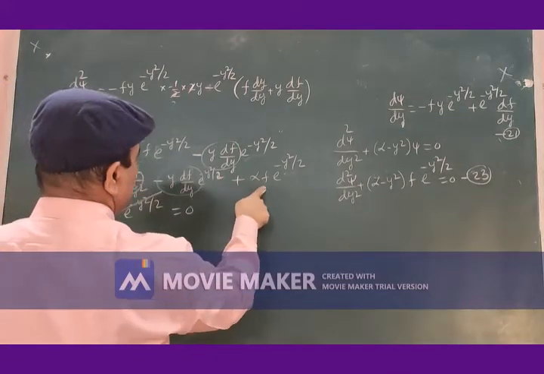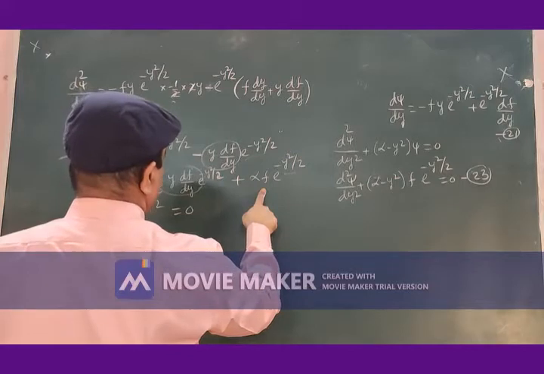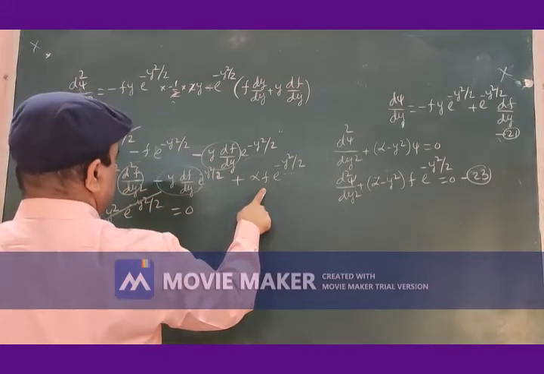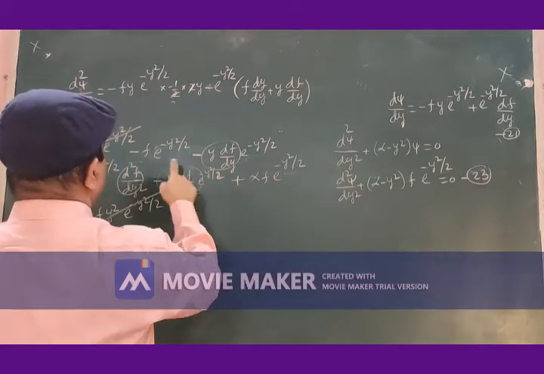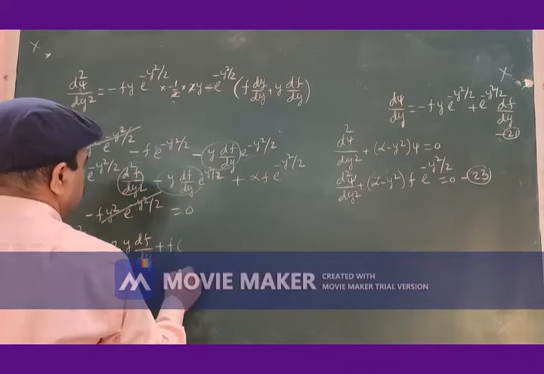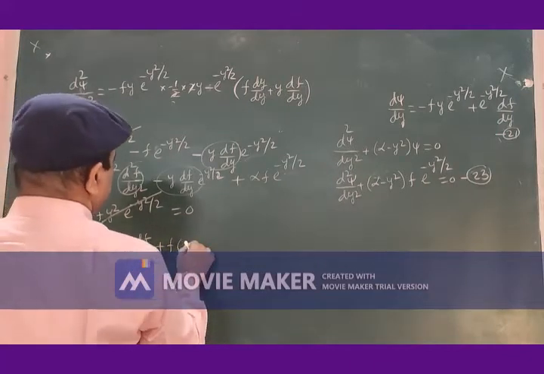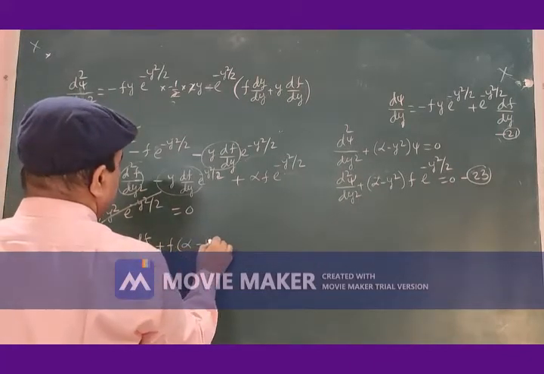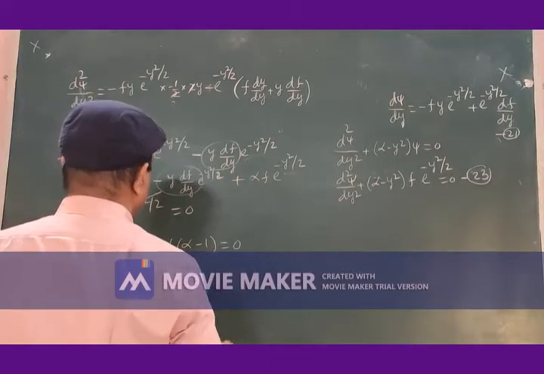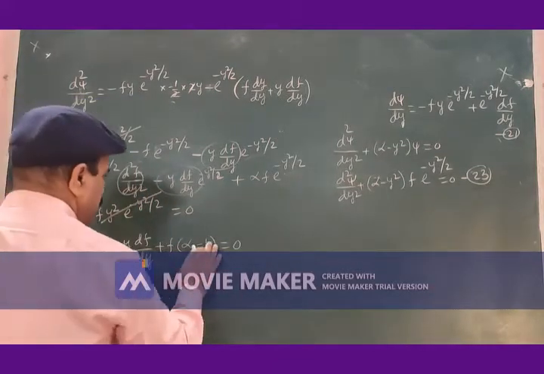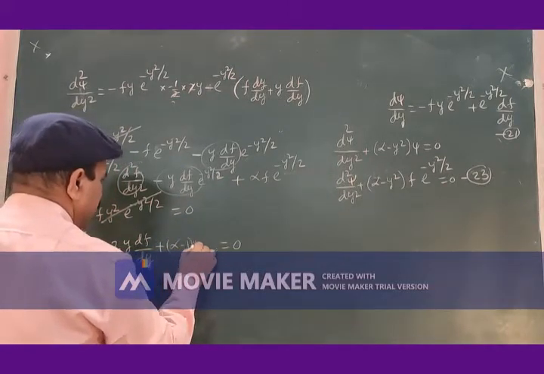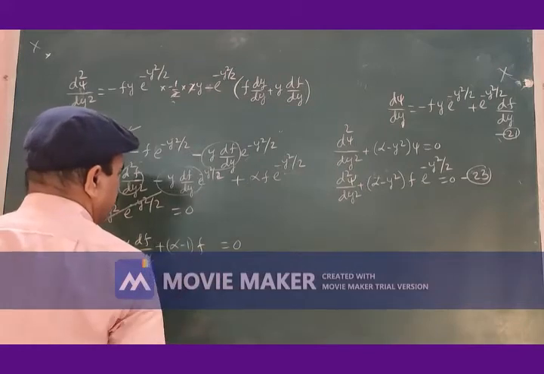This is left, this is left. Let us take f common from this. If f is taken common, what is left is alpha minus 1 is equal to 0. Or you can write this as (alpha minus 1) into f is equal to 0.